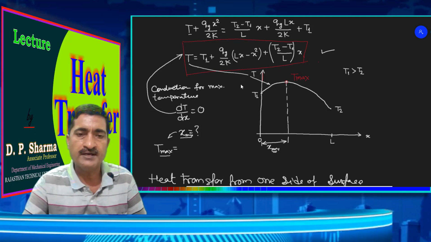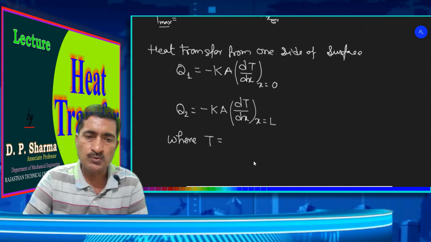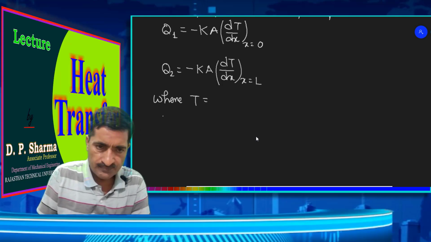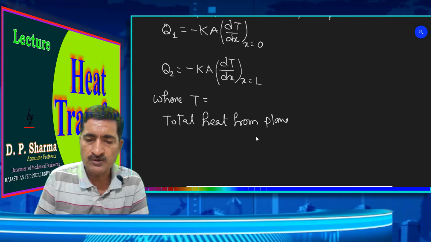This is the T. Then you will get heat transfer from both sides, Q1 and Q2, and the total heat transfer from the plate, which is equal to the total heat generation, Qg, where Qg equals heat generation rate multiplied by volume of plate.